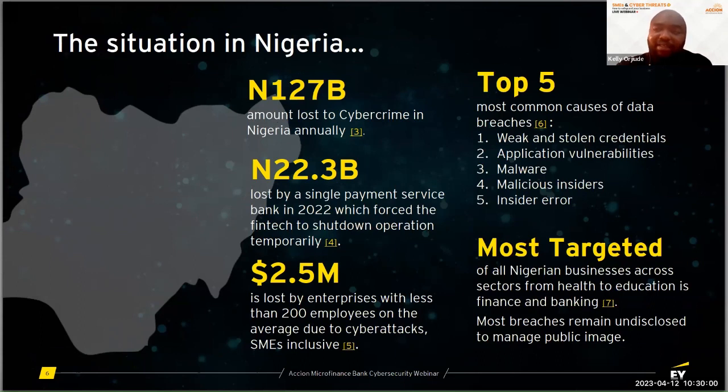And in 2022, if I recall, a single fintech company lost 22 billion, and they had to shut down. I can tell you why in subsequent slides. If you also look down, 2.5 million is lost by companies with fewer than 200 employees.